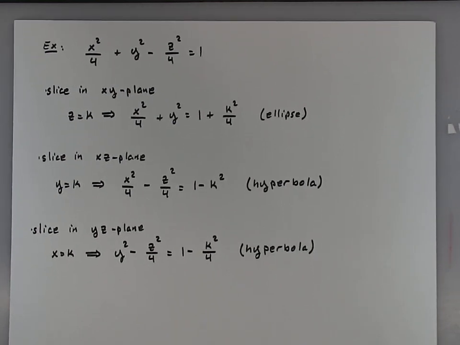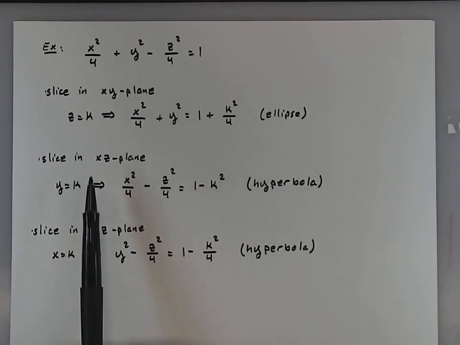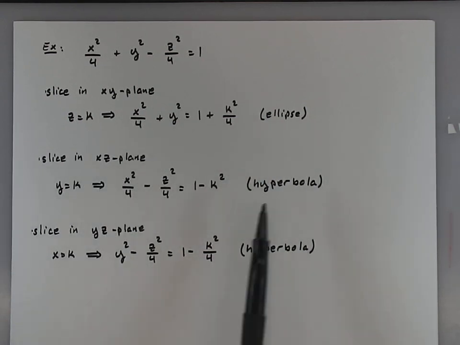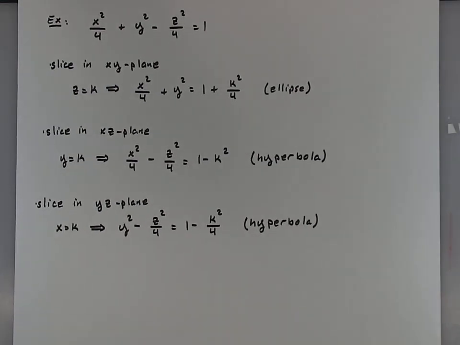So in the xy plane, I have an ellipse or ellipses. In the xz plane and yz plane, these are hyperbolas. So the horizontal slices are ellipses, while the vertical slices are hyperbolas.